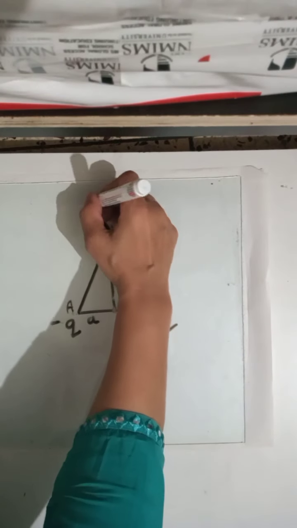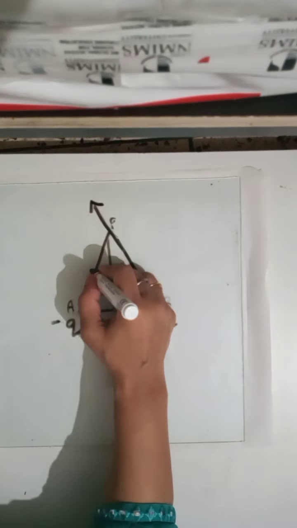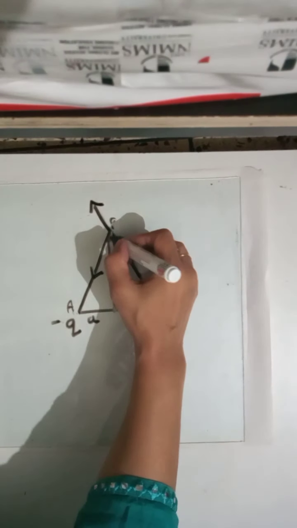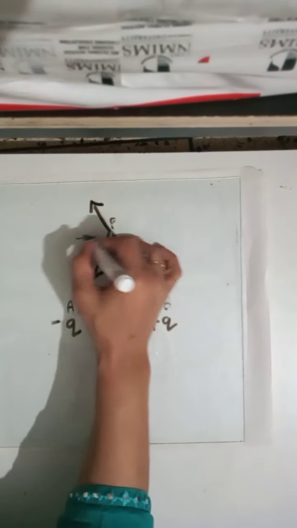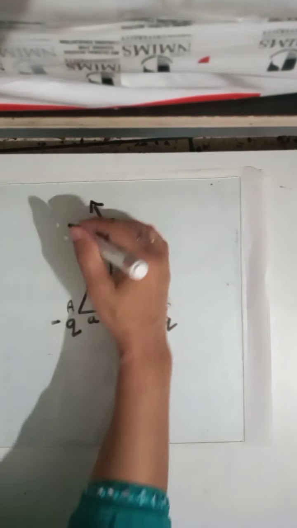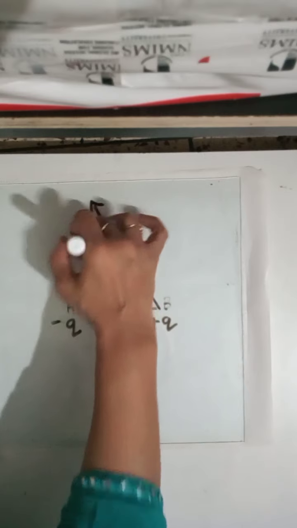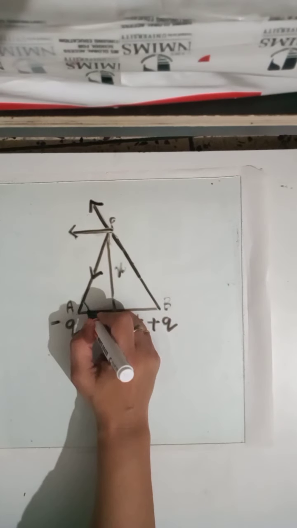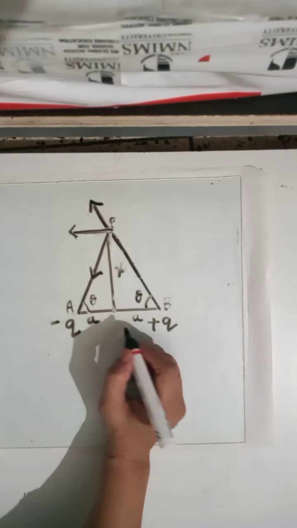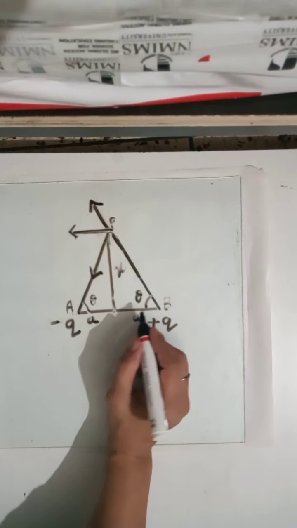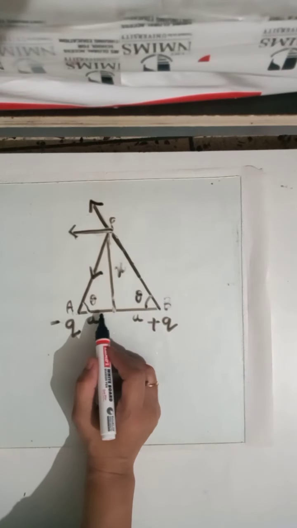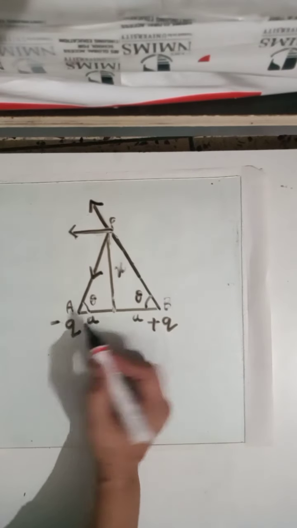And this is the midpoint from which this line is going. Now this one is also a straight line. This angle is equal to theta, and this angle is also equal to theta. By the Pythagoras theorem, you know that the square of the hypotenuse is equal to the sum of the squares of the other two sides.